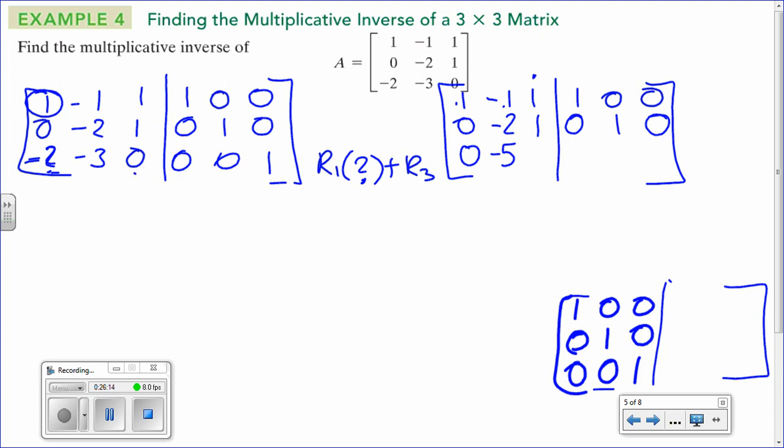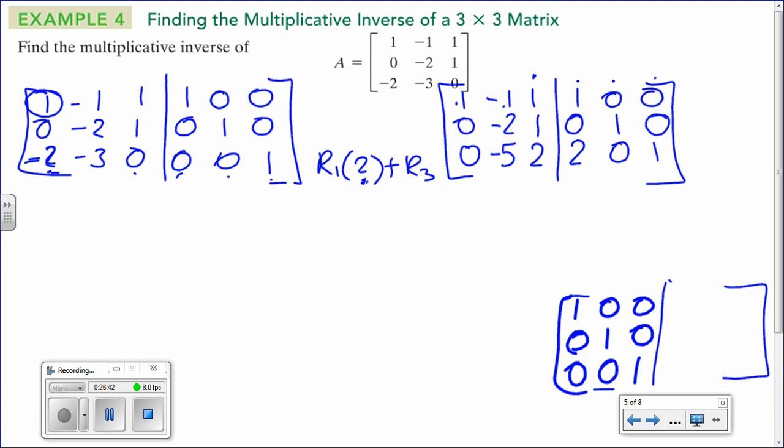Plus 0, 2. 2 times 1, 2. Plus 0, 2. Okay. 2 times 0, 0. Plus 0, 0. 2 times 0, 0. Plus 1, 1. Okay, so we're done with the first column.